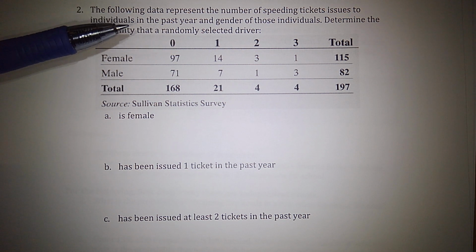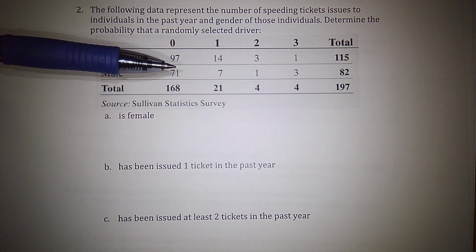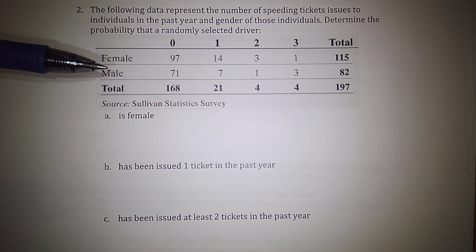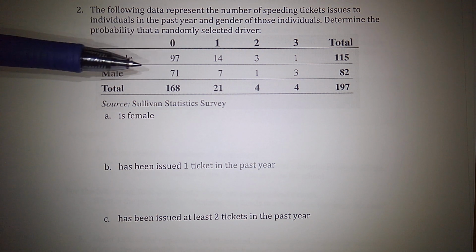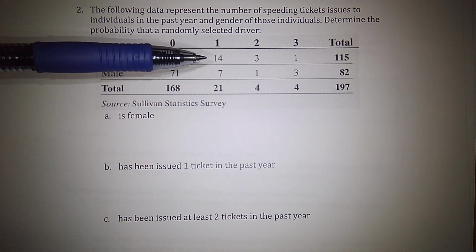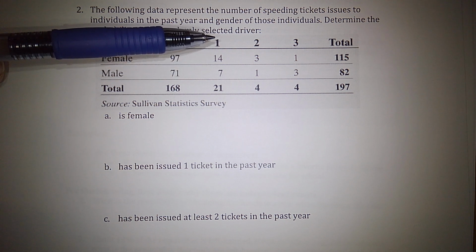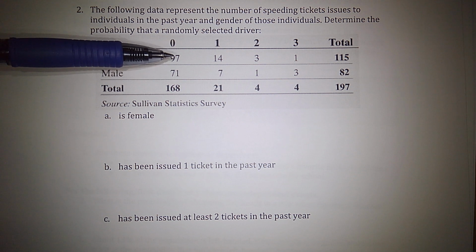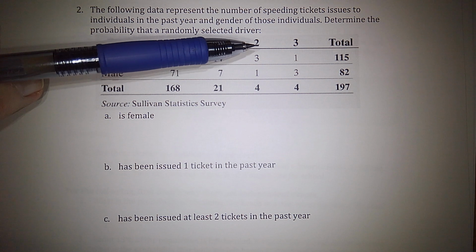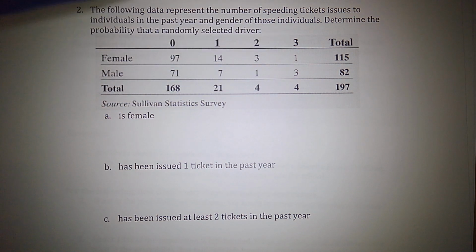So I have the number of individuals in the last year who may or may not have received a ticket. There were 0 females that received a ticket, or excuse me, there were 14 females that received 1 ticket, 97 females that received 0 tickets, 3 females that received 2 tickets, and 1 female that received 3 tickets just in the last year.